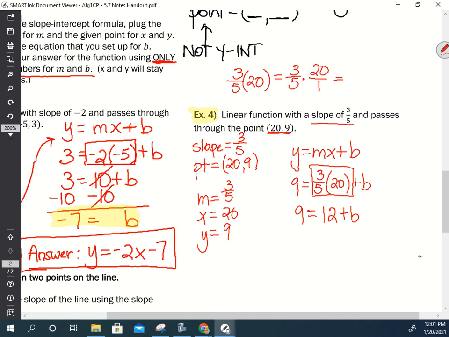Now we multiply across. 3 times 20 is 60. 5 times 1 is 5. 60 divided by 5 is 12. That's where that 12 came from.